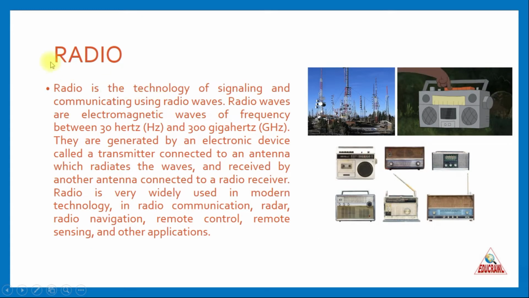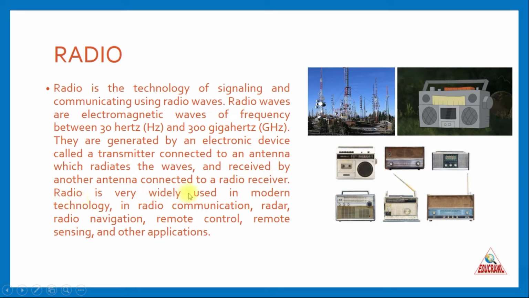After that, we had the radio. Radio is the technology of signaling and communicating using radio waves. You know what a radio wave is? It is one among the waves in the electromagnetic spectrum. Radio waves are electromagnetic waves of frequency between 30 Hz and 300 GHz. They are generated by an electronic device called a transmitter connected to an antenna which radiates the waves, and finally they are received by another antenna connected to a radio receiver.